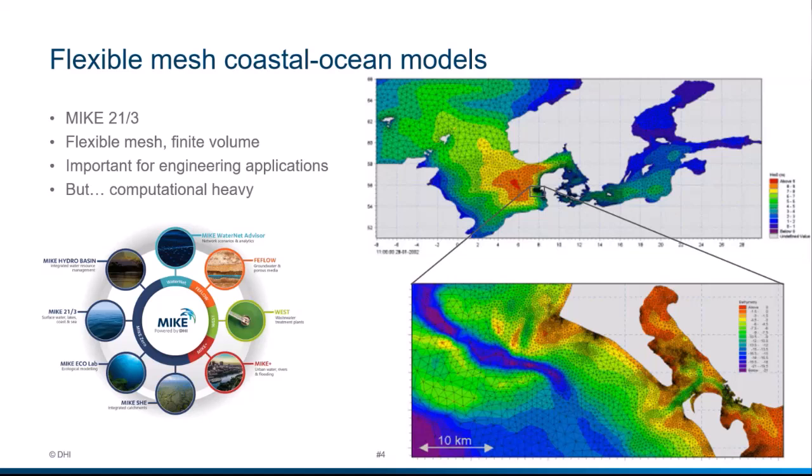But as you are probably aware, they can also be computationally heavy, because to describe all the different processes at sea we need quite a lot of resolution. Sometimes the degrees of freedom of these models could be around 100,000, or even 1 million or more.